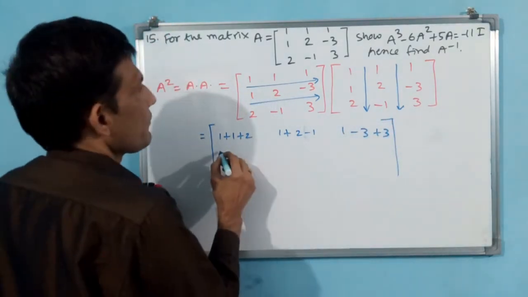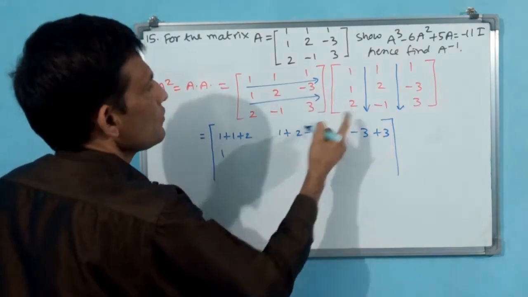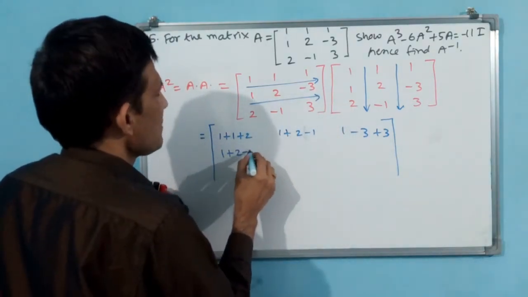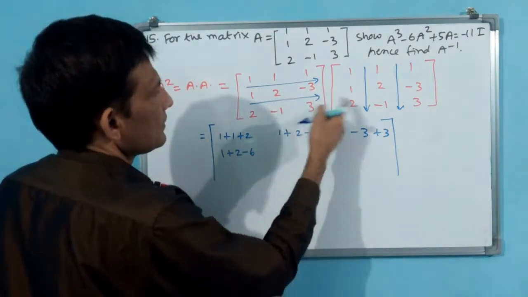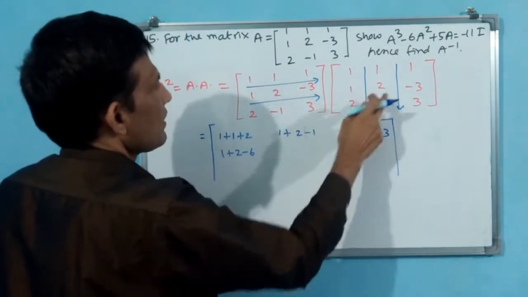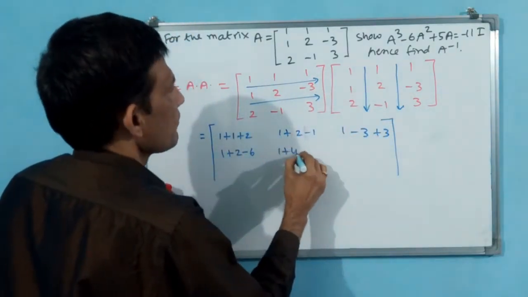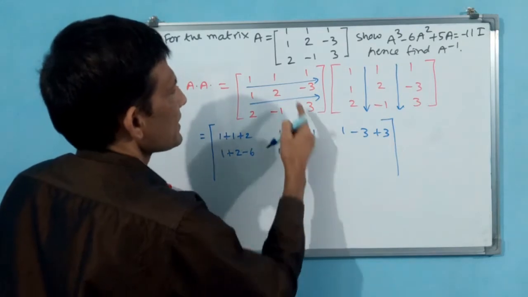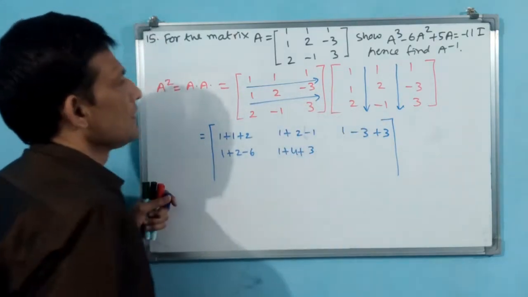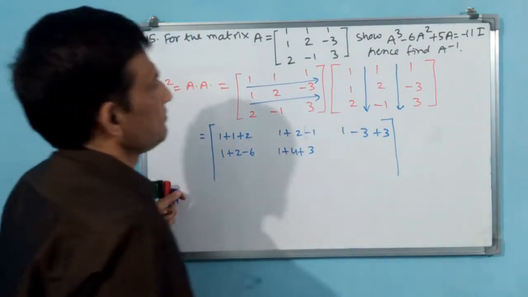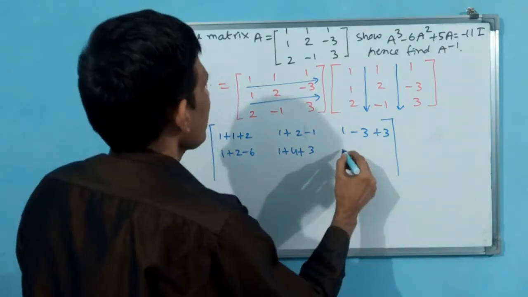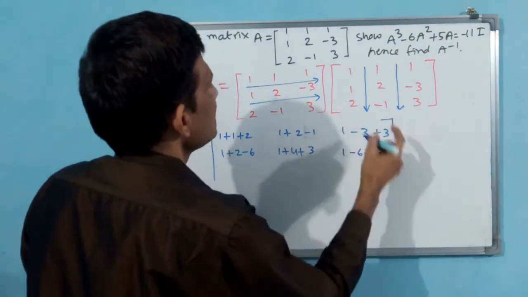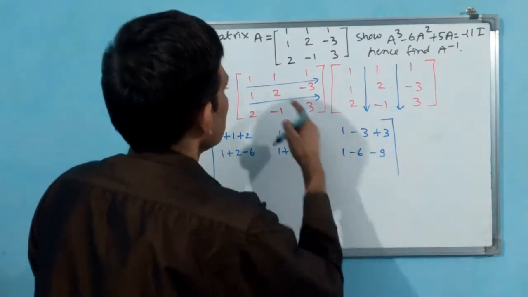Next, 1 plus 2 minus 6. Next, 1 plus 4 plus 3. Then 1 minus 6 minus 9.